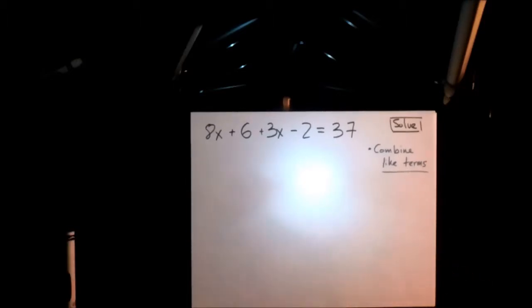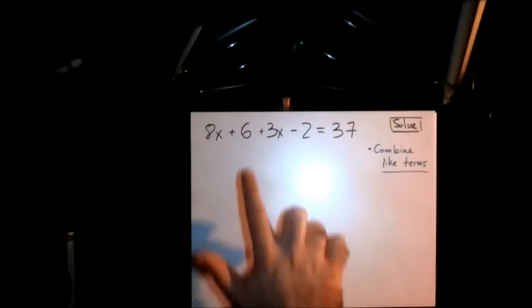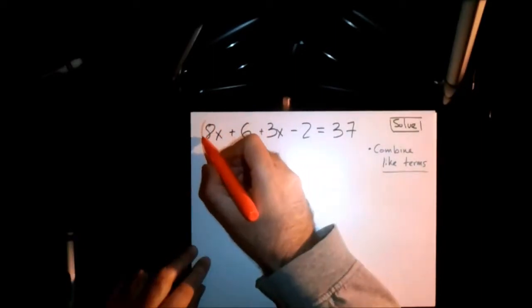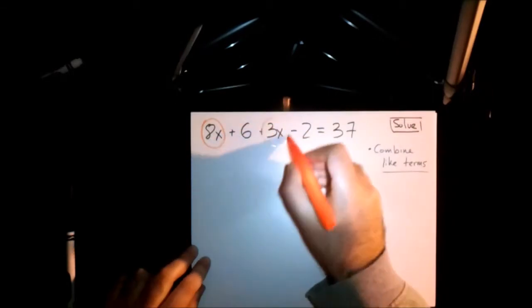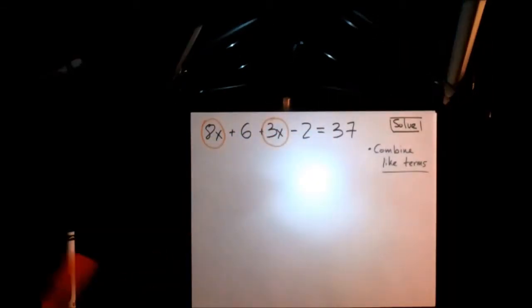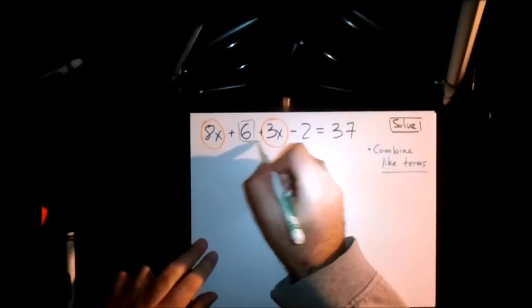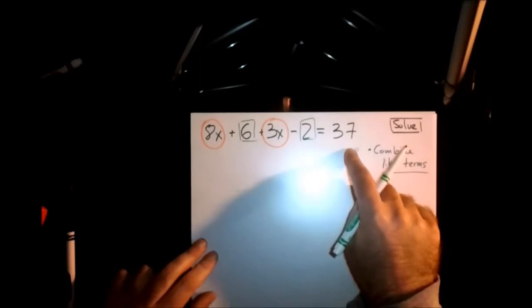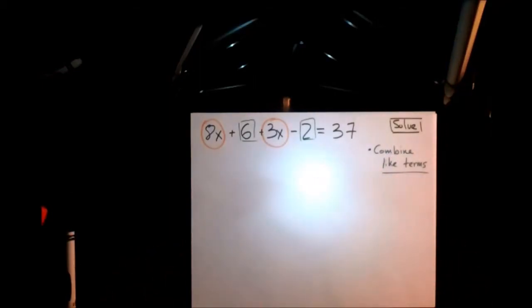We have an x term, and a pair of constants. So you have a pair of x terms, but you also are working with a pair of constants. Technically this is also a constant, but because it's on the other side of the equation, we're not going to worry about it because we can't mix it in anyways. So it's just going to stay there. Although that's a constant, 37 is a constant too.